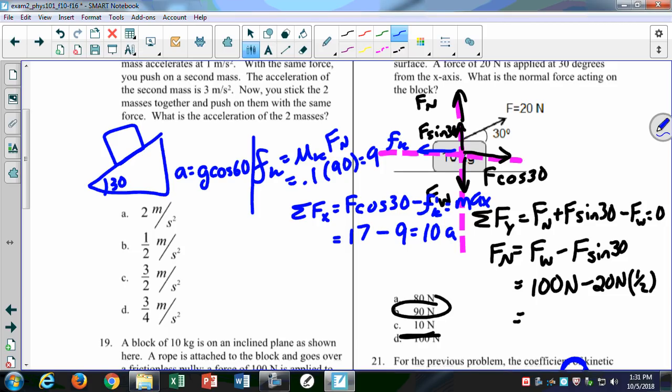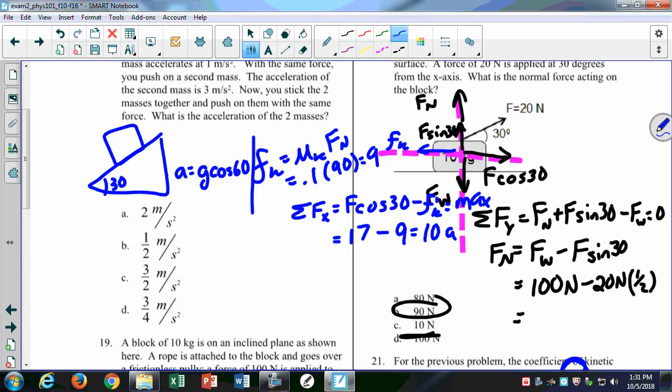Y'all probably have seen that. I know it was in the book, but that's always true, as long as you don't have friction or any other force. It's just an object on an inclined plane. I'm not saying you memorize that, but if you're doing the MCAT or something, you should probably memorize that. Okay? You have a question for me?